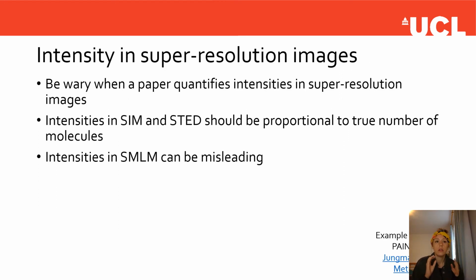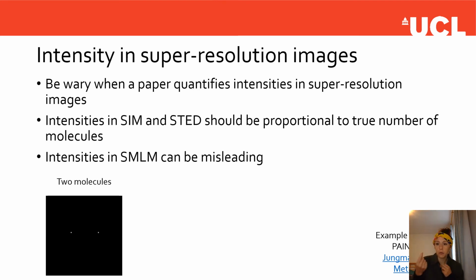So be very, very careful about inferring intensity-based information like protein counts or any kind of absolute intensity quantification from super resolution images. SIM and STED intensity should be representative of the true number of molecules, but single molecule localization microscopy intensities can be really misleading.